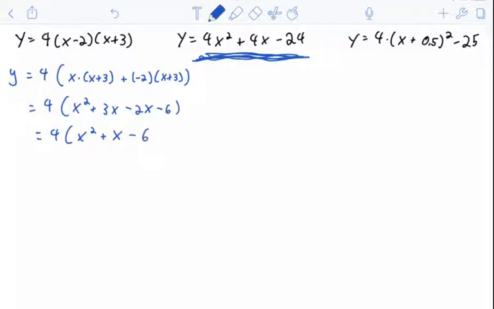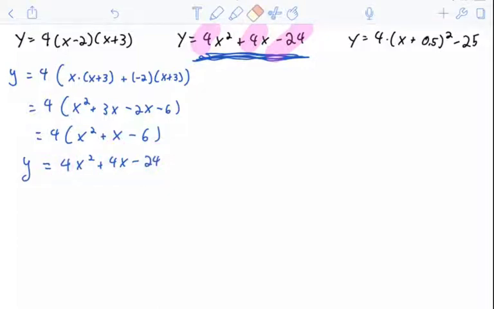Then multiply through: 4x squared plus 4x minus 24. Each of these coefficients match, and so it's the same polynomial. Okay.